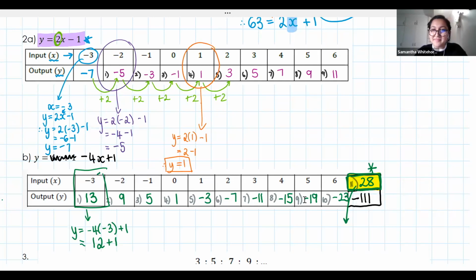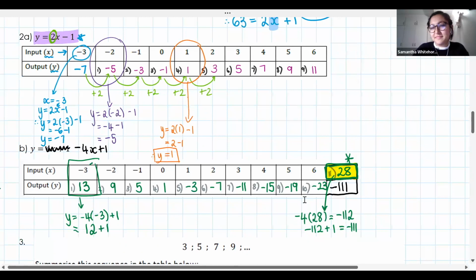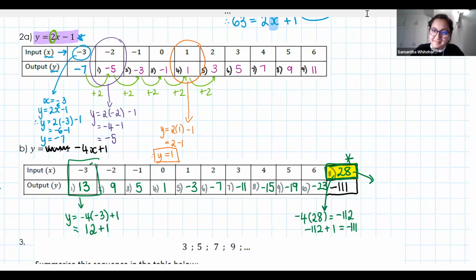Okay, so -4 times 28 is -112, and -112 plus 1 is -111. Good. Nice. Is there anyone who has a different explanation to this one? So Teacher Sam gave us -111. We're trying to find 28. How can we find the 28?